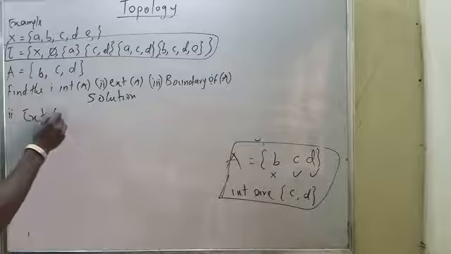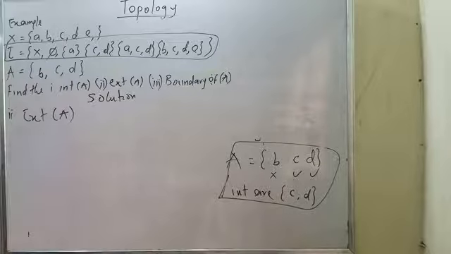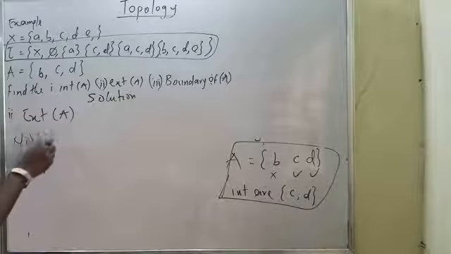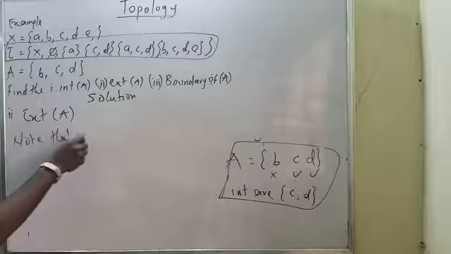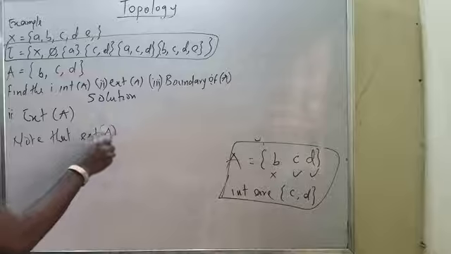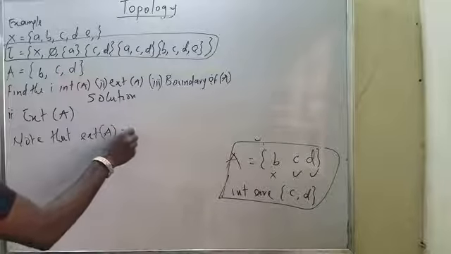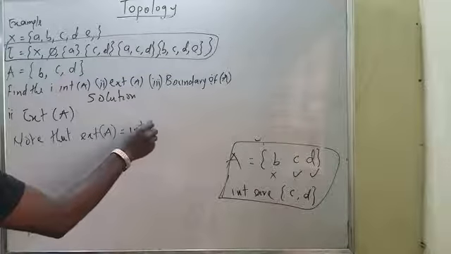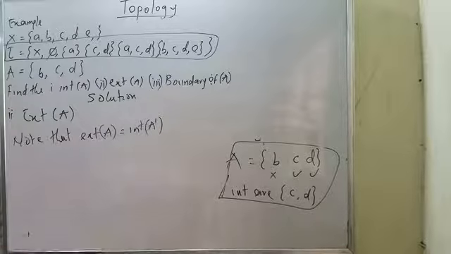Now, look at exterior, number 2. Exterior of A. The first thing I will do is that, note that, I don't know what I explained to you that time, that my exterior of A equals to what? Interior prime of A. That is what I mean.